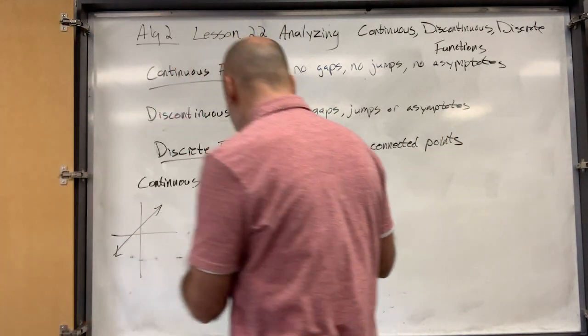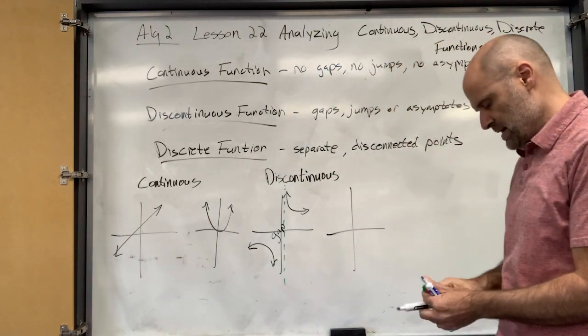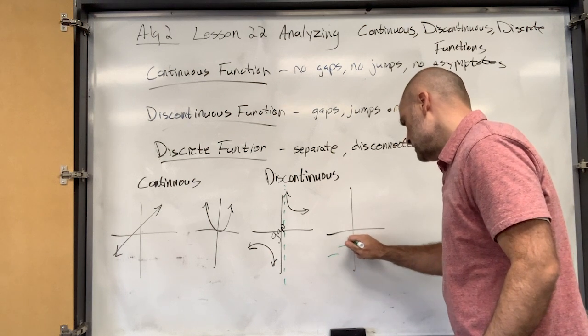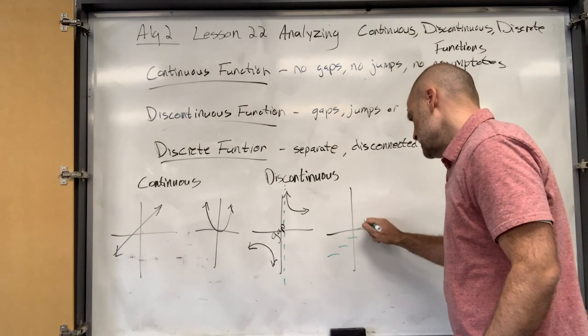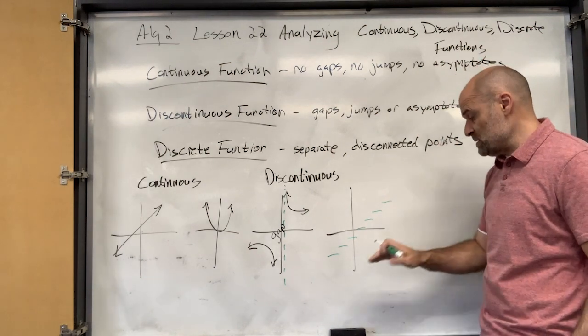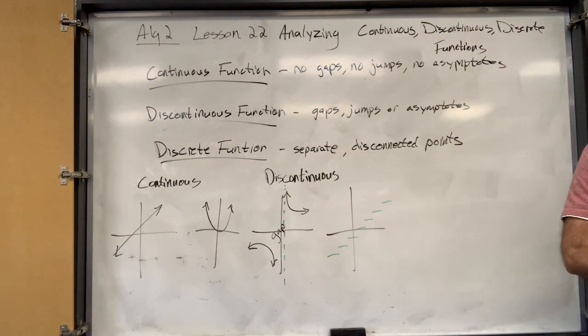Here is another kind of discontinuous function. If you have something that looks like this, steps. See how there's jumps there. There's jumps and gaps, but there's jumps. This is another example of a discontinuous function. All right?